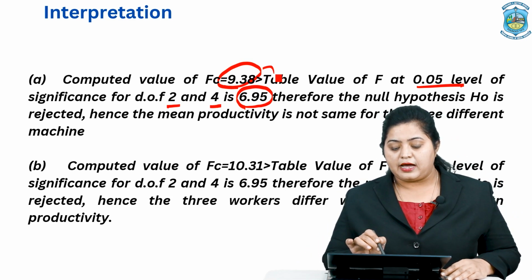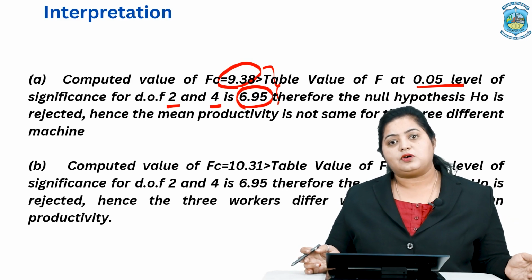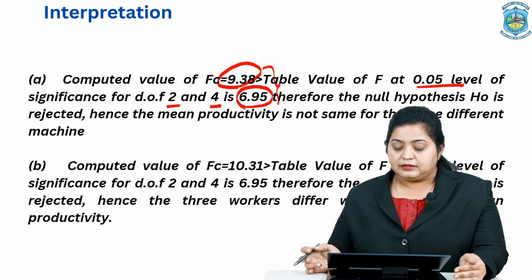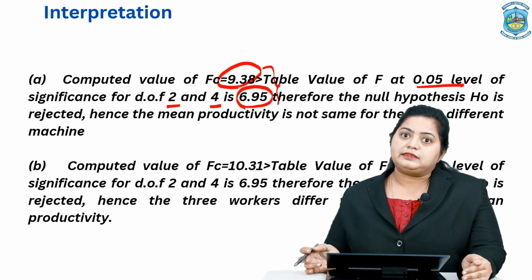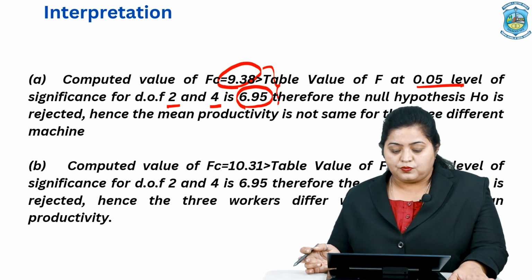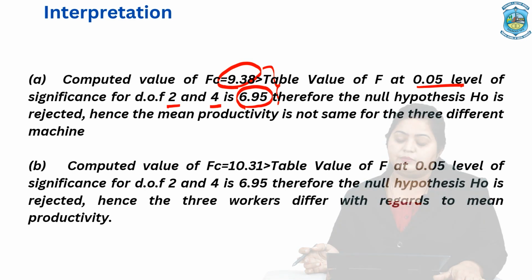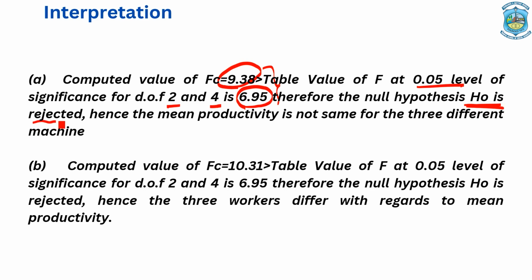From the rule, if the calculated value is greater than the table value, the null hypothesis is rejected. So in this case, as we have a greater calculated value than the table value, our null hypothesis is rejected. Hence, the mean productivity is not the same for the three different machines.